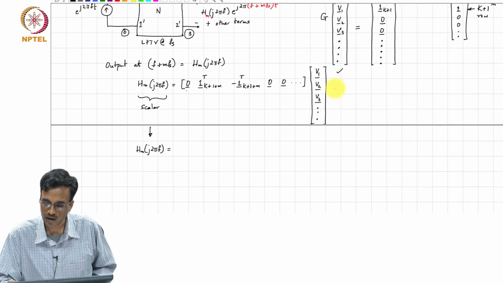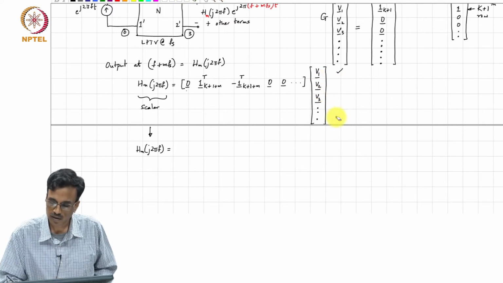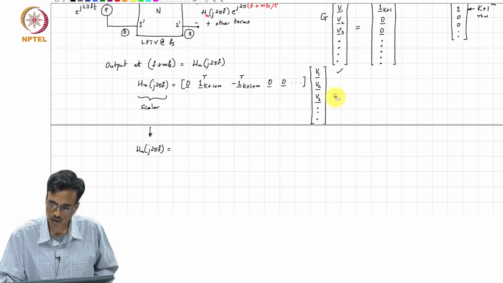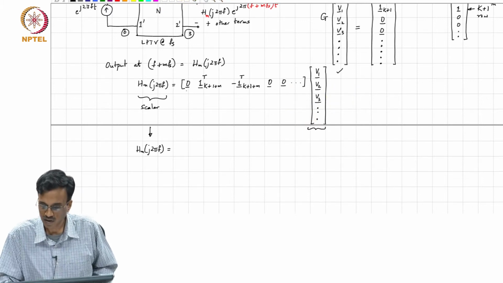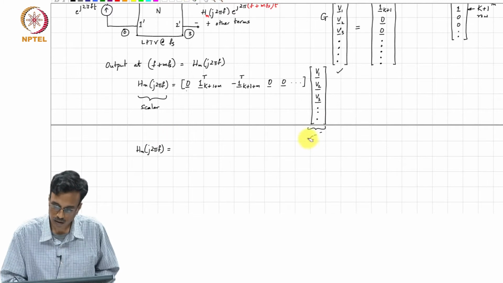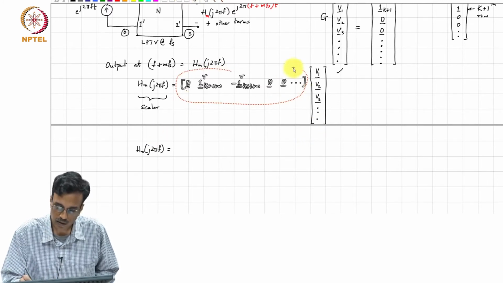Oh, by the way, what is this guy here now? This is nothing but G inverse times the excitation vector. Let me copy and paste this.